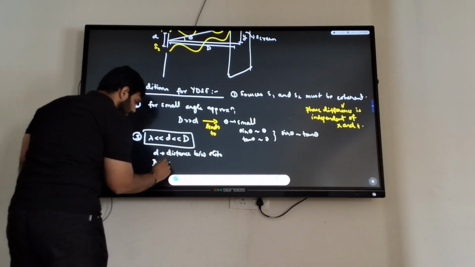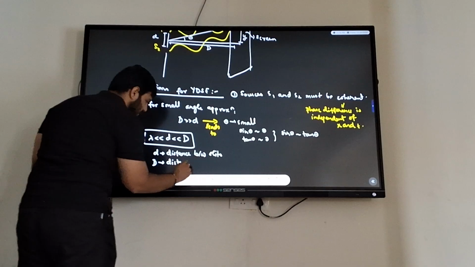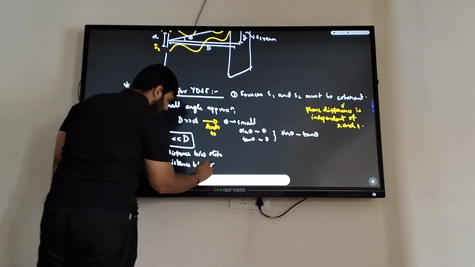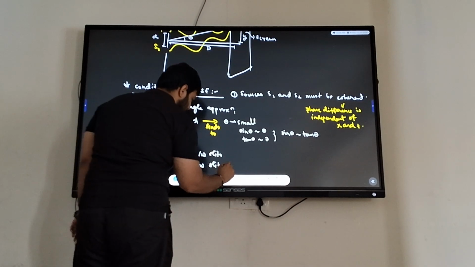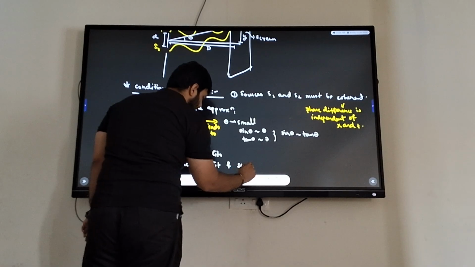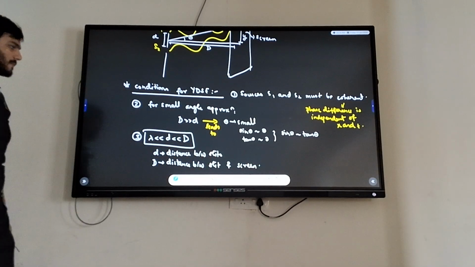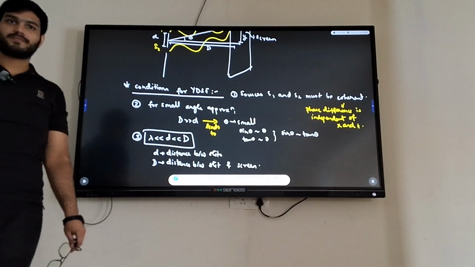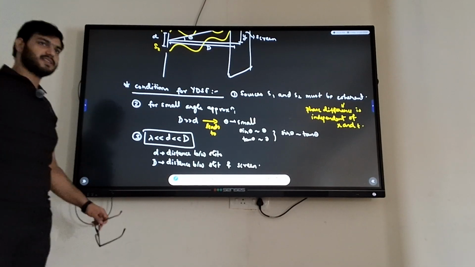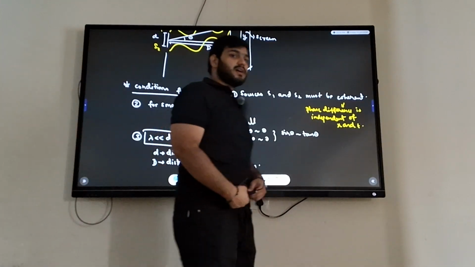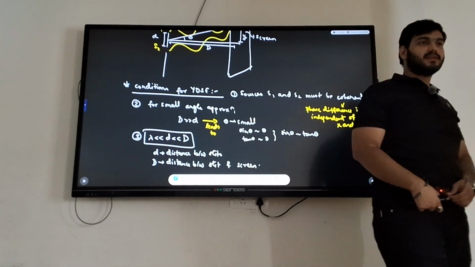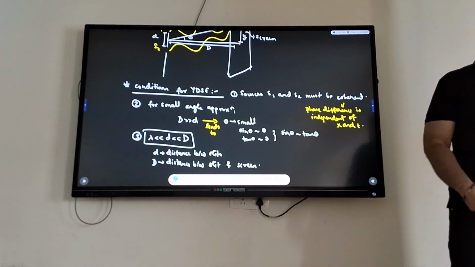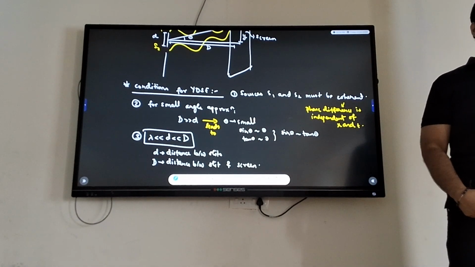What is capital D? Distance between slit and screen. Is it okay with you? These are the conditions that you have to have so that YDSE will take place, or an interference pattern will be formed.